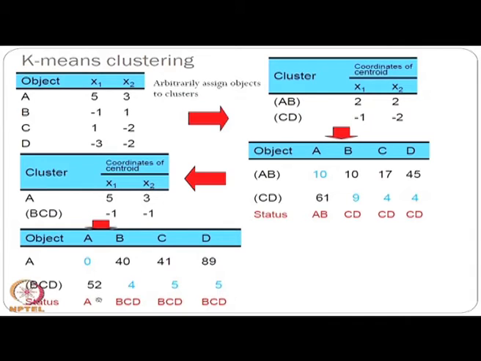In this case you see, ultimately A belongs to cluster A, but B belongs to cluster B, C, D, C belongs to cluster B, C, D, and D belongs to cluster B, C, D. So, no more clustering is required. Okay. So, that means for this data set 2 clusters are enough. That is what K-means clustering is.